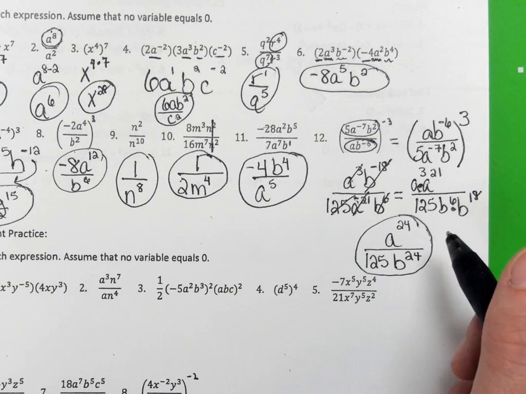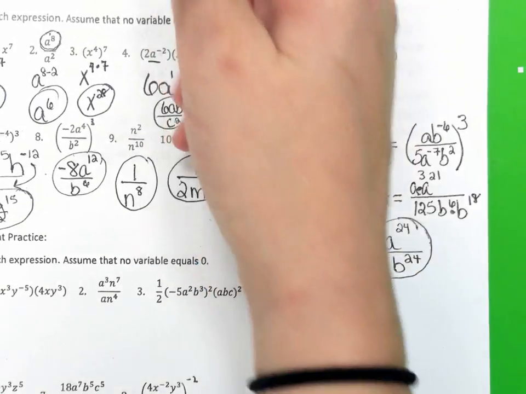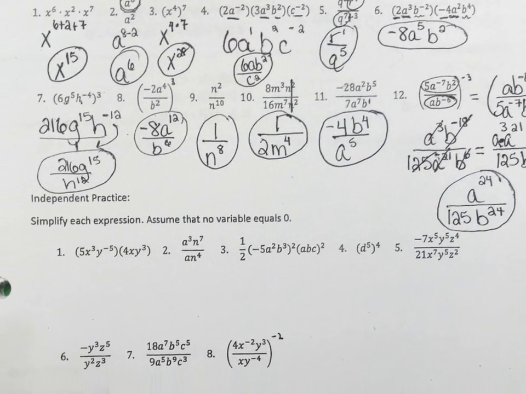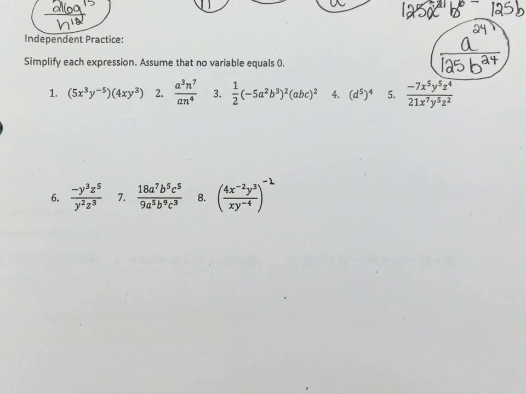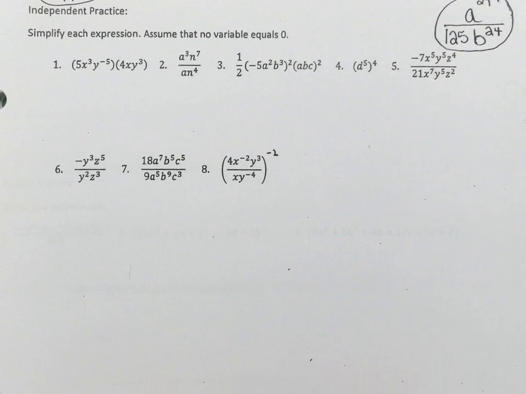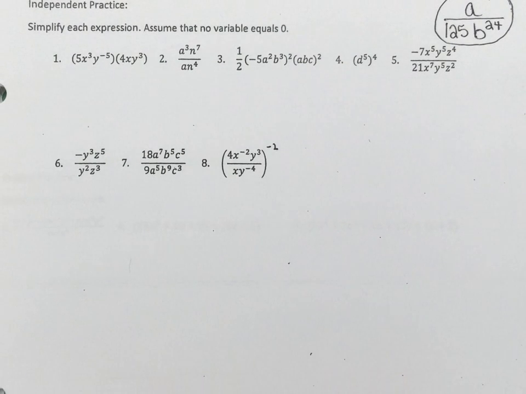All right, here's what we're going to do. 1 through 8 is going to be your first homework assignment of the quarter, okay? You'll have a checkpoint tomorrow. I'm going to quiz Friday.